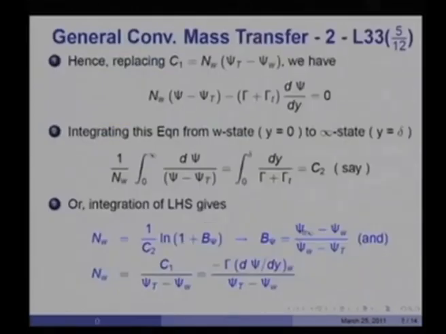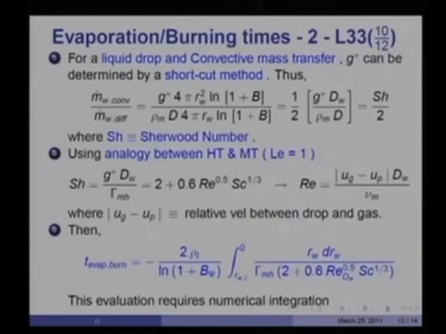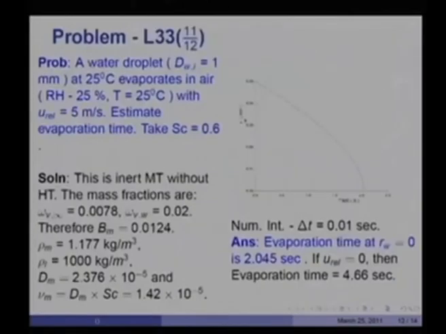Bm would be omega vapor in the infinity state minus omega vapor in the W state, divided by omega vapor in the W state minus that in the T state, which is the transfer surface, and that would be equal to 1. So, using this definition for omega V, as we did in the problems on diffusion mass transfer, the Bm would turn out to be 0.0124.